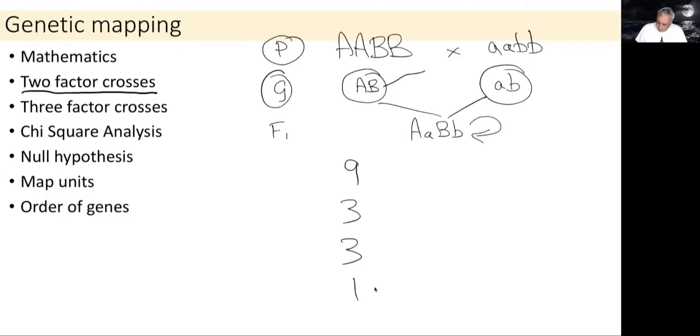So those 9 will be big A with something, big B with something. And then the 3 will be big A with something with small b. And then the other 3 will be small a with big B and something. And then the final one will be the double homozygous recessive. So there we go.